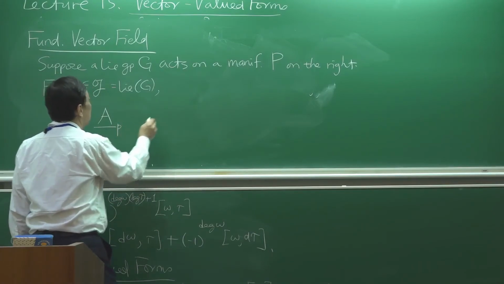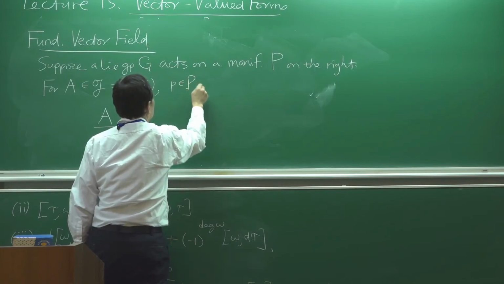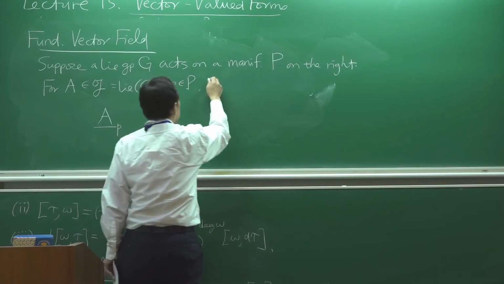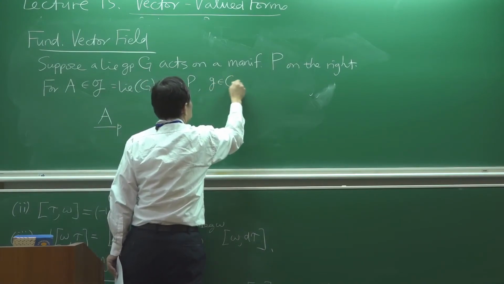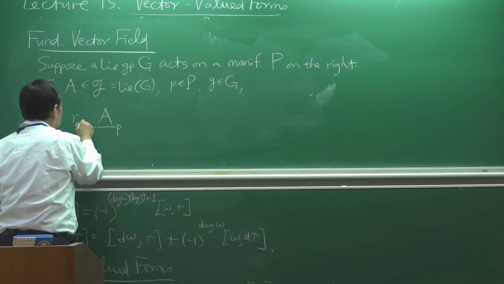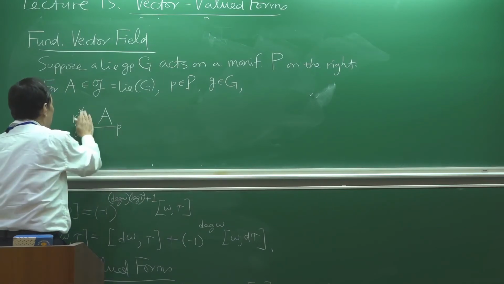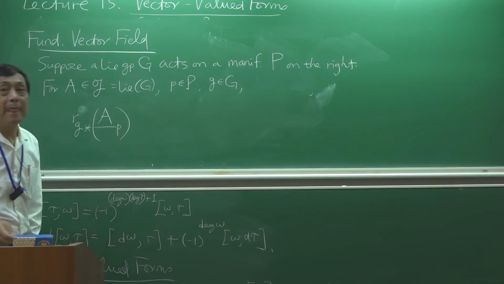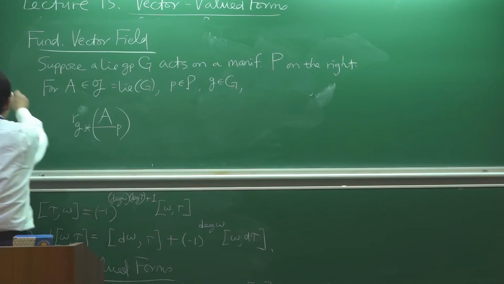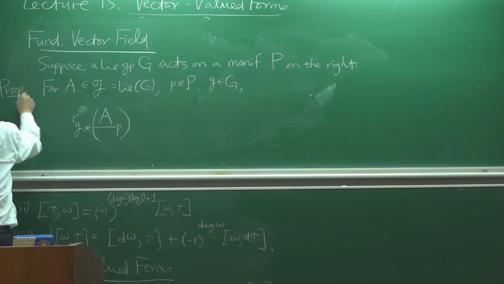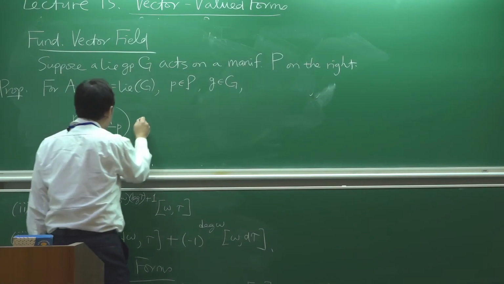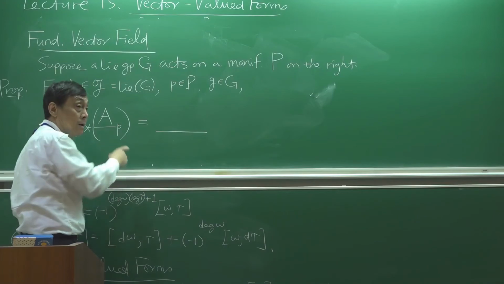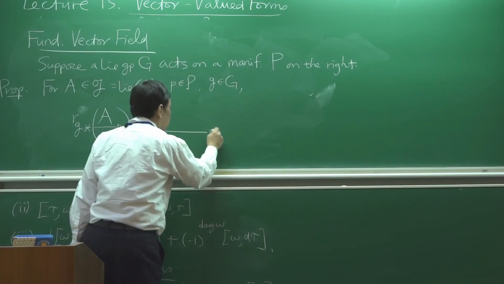So at the point p, and now we can translate it on the right by g. So R_g lower star of this. And the proposition is that this is equal to, now it's going to be a vertical vector at pg.